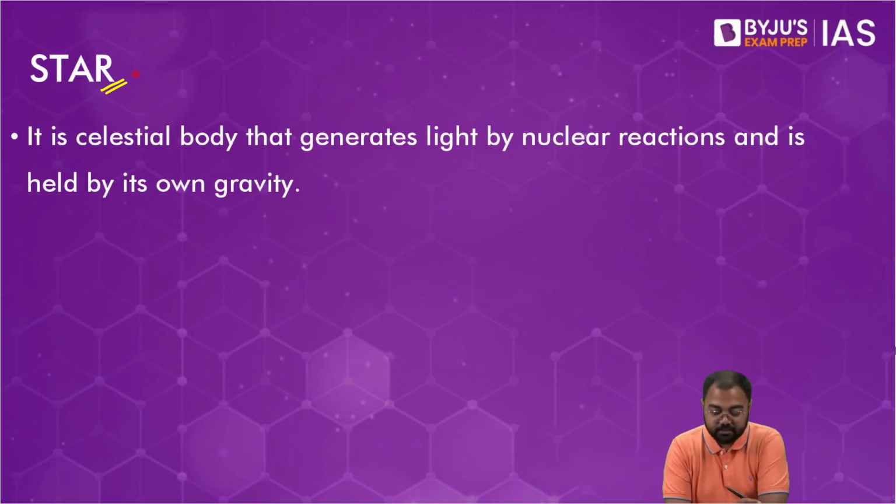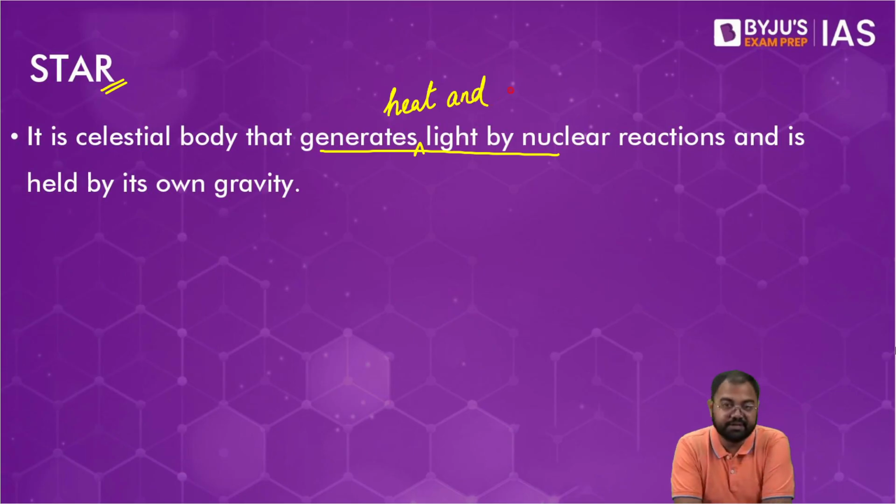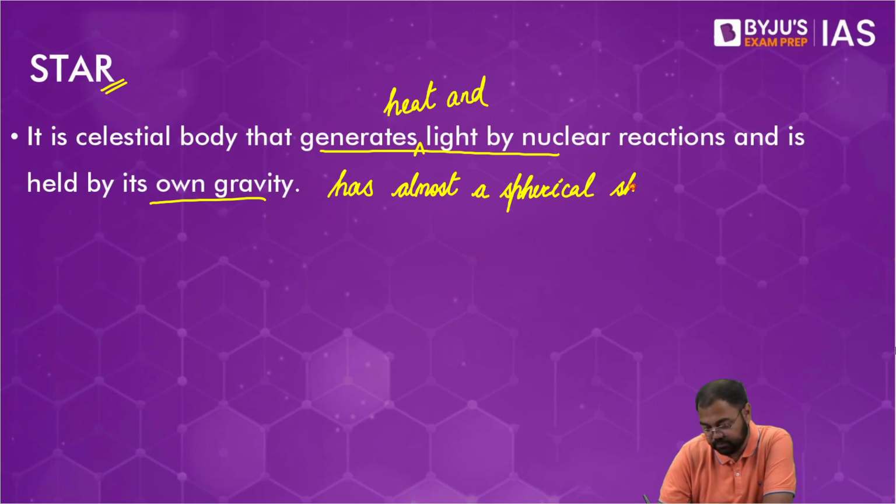Now a star basically is any celestial body that generates heat and light by nuclear reactions, and is held by its own gravity, and has almost a spherical shape due to gravity.